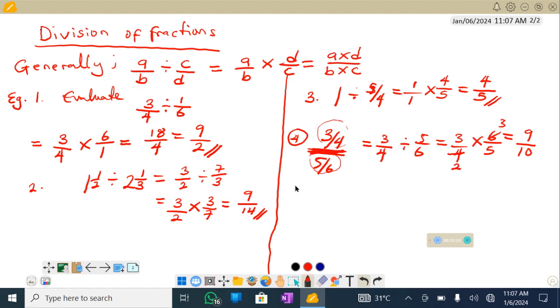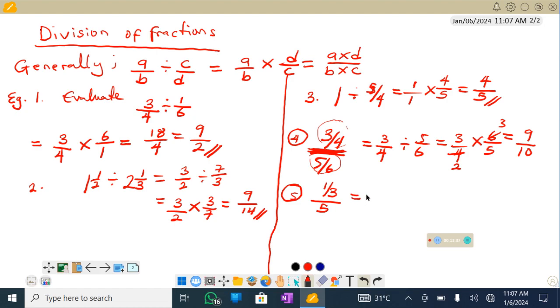Okay, so you can also have this type, where one of them is a whole number. Let's see example number 5. If you have 1 over 3 all over 5, it is also advisable to first of all express this in this form.